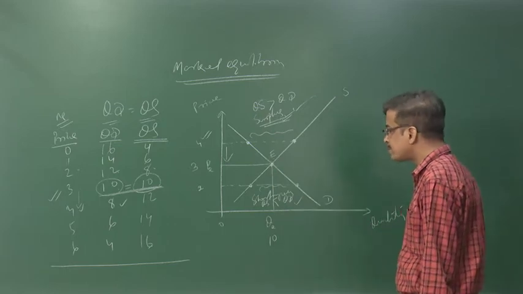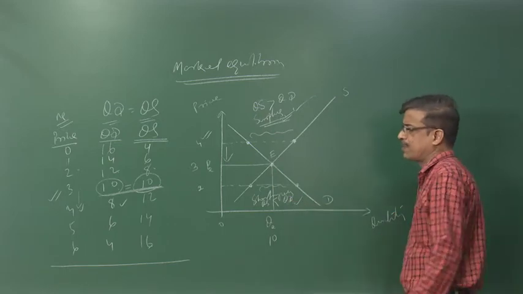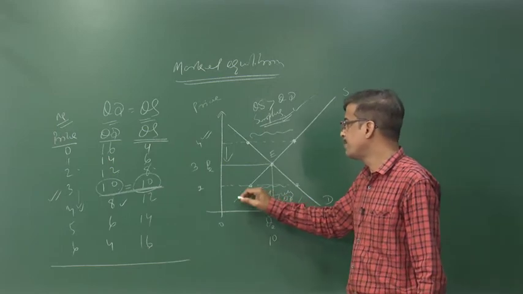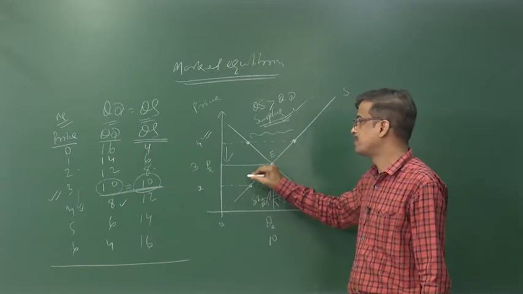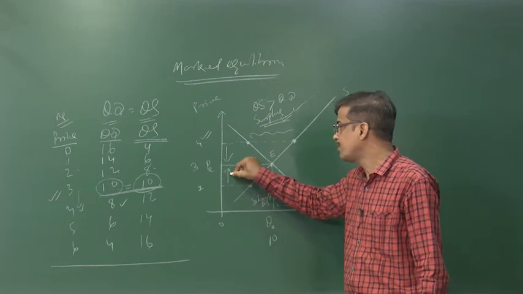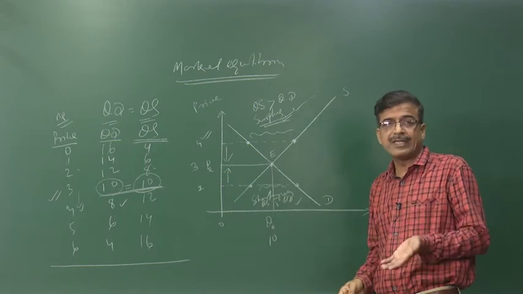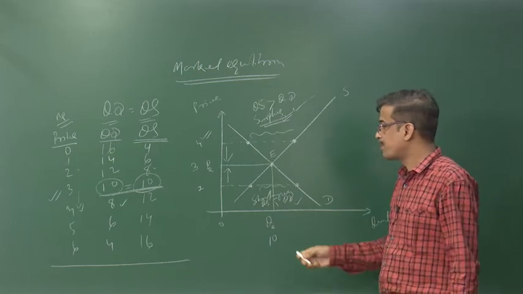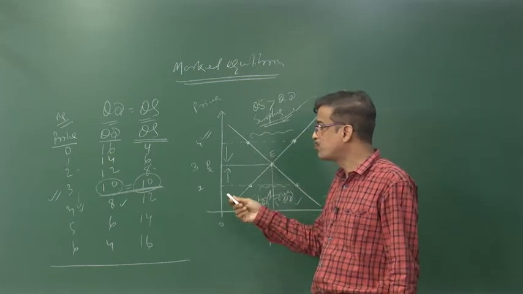Similarly, when there is a shortage, how do we reach the equilibrium point? In order to reach the point of equilibrium we have to increase the price level, let us say from 2 rupees to 3 rupees.